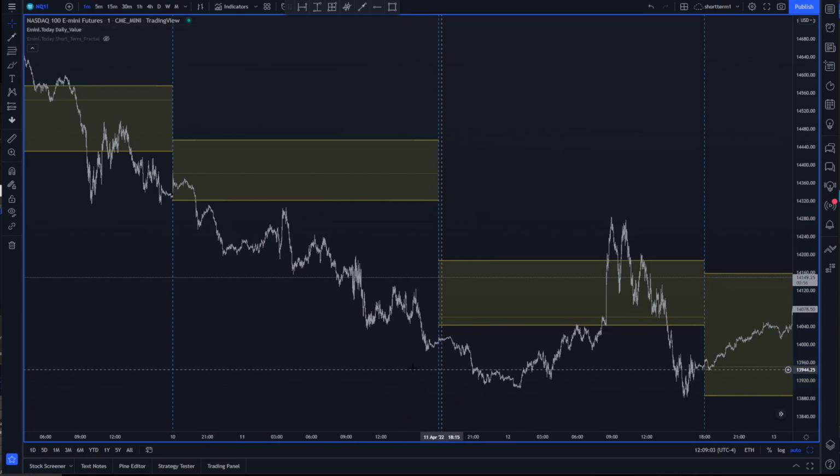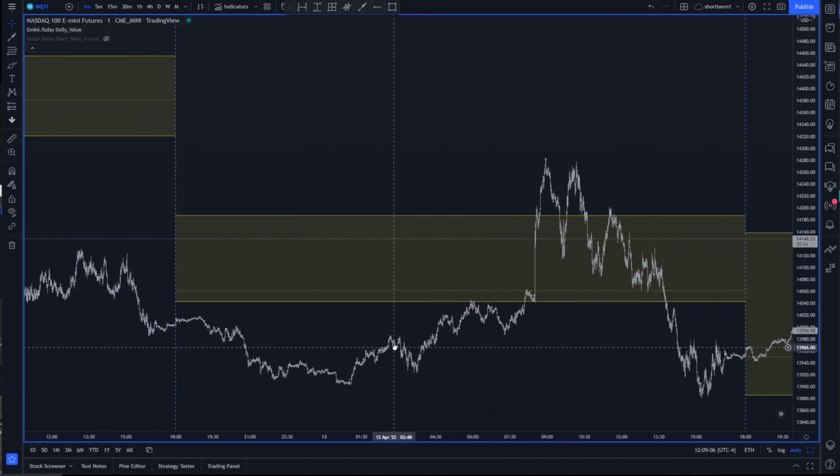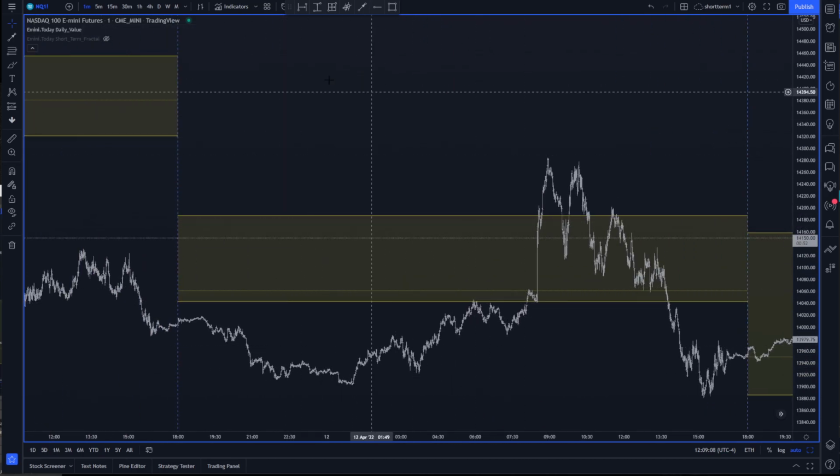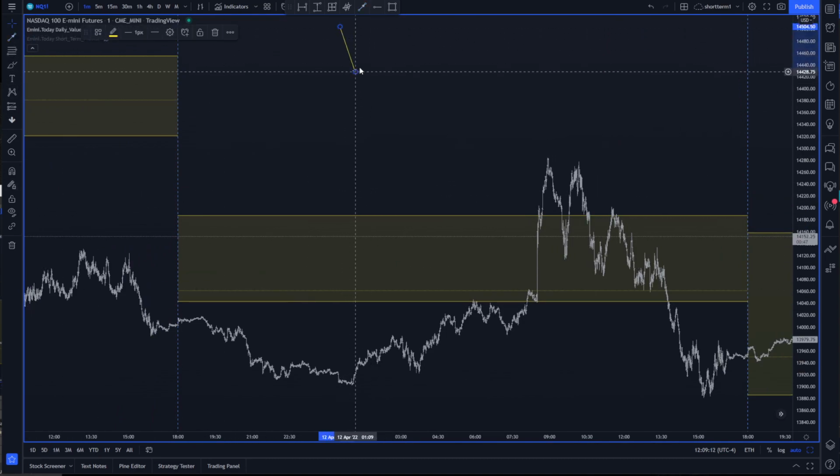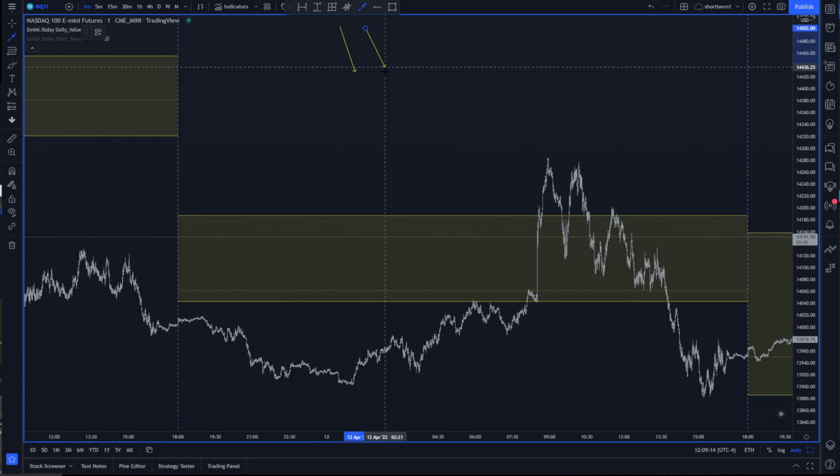We know that this day we want to go short, and that's what we know before we even load the short-term fractal. Now, how do we find the best opportunity in this perfect setup?